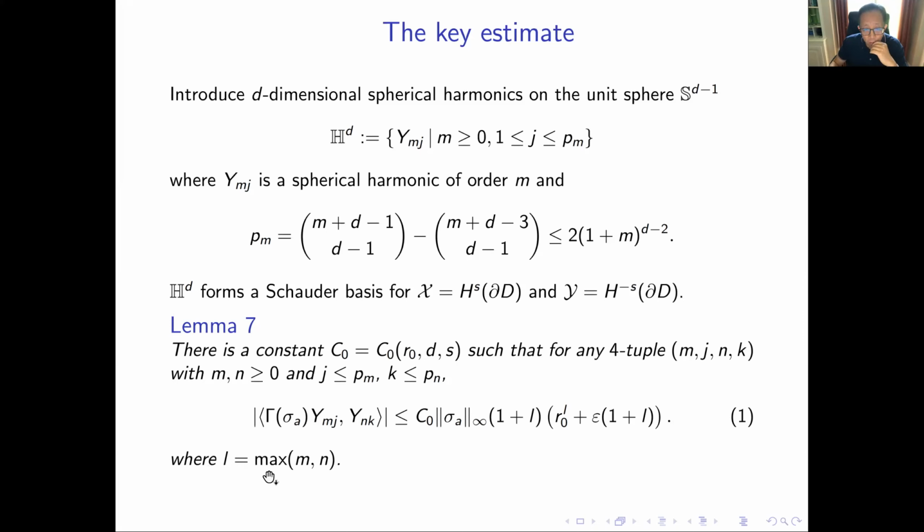The frequency is L, with maximum M and N. So it's coming from here.